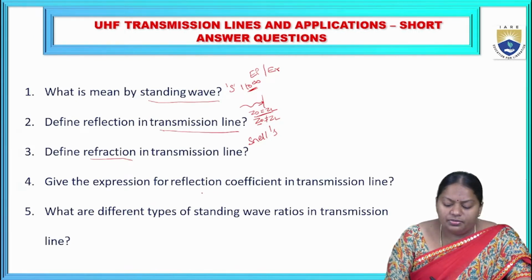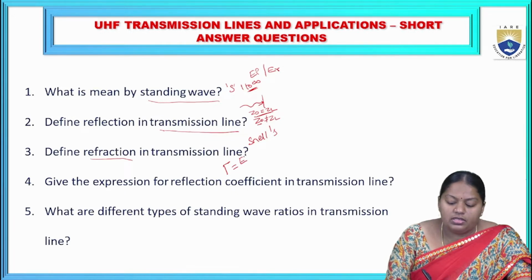Give the expression for the reflection coefficient in a transmission line. The reflection coefficient gamma is defined as the ratio of the reflected wave field strength to the incident wave field strength.